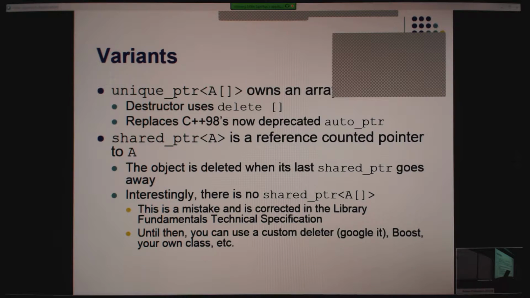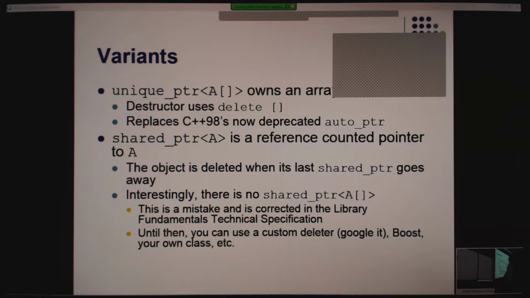So if any of your old code has auto pointers, you should change them to unique pointers. And there's a nice Clang tool that will automatically fix all the auto pointers in your program. You can make use of that. Okay.